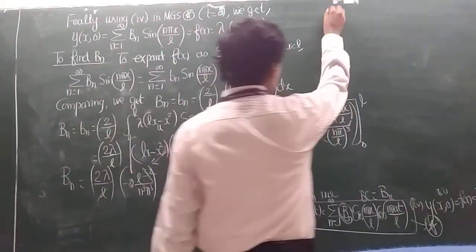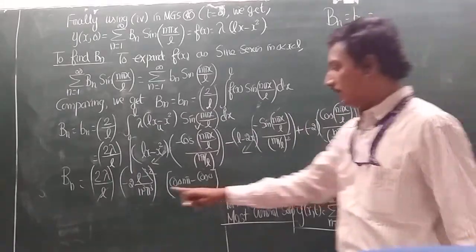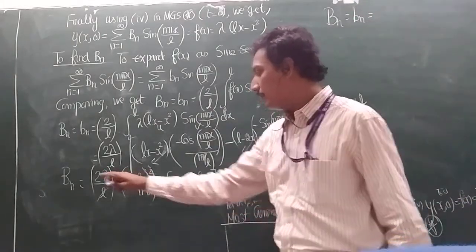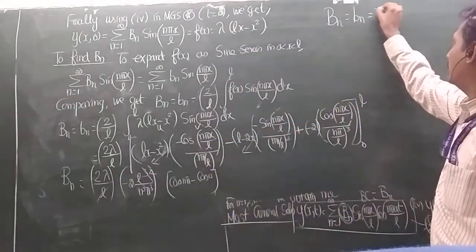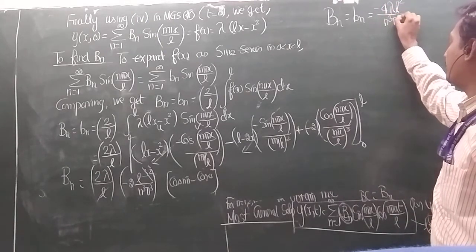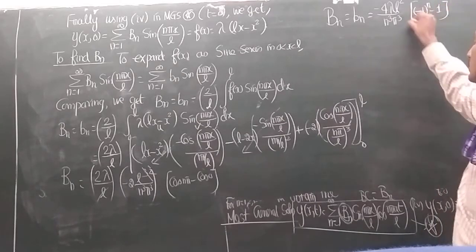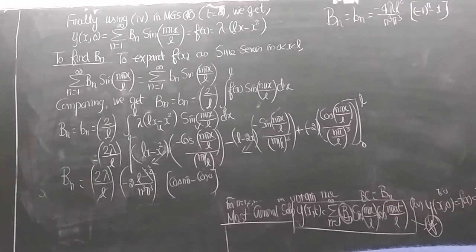So small bn is minus 2 L squared lambda, that is minus 4 lambda L squared by n cube pi cube into (cos n pi value, minus 1 whole power n, minus cos 0 value, plus 1).